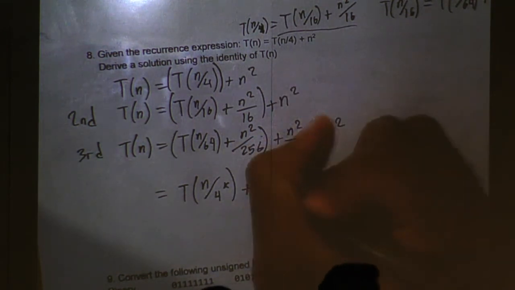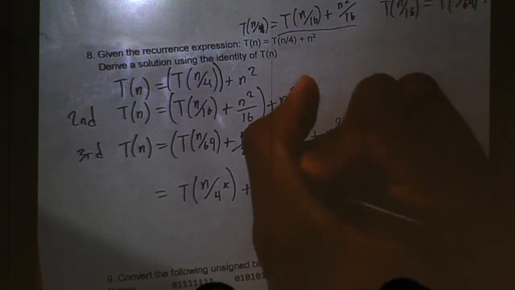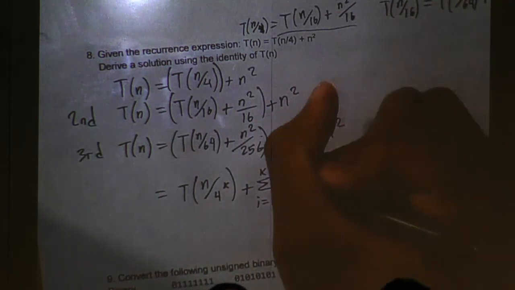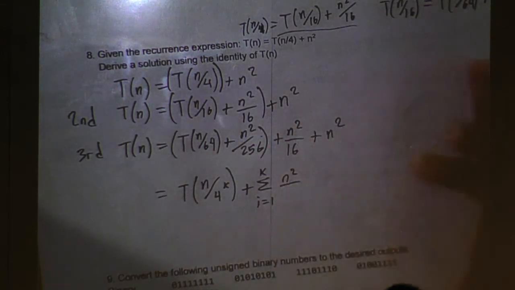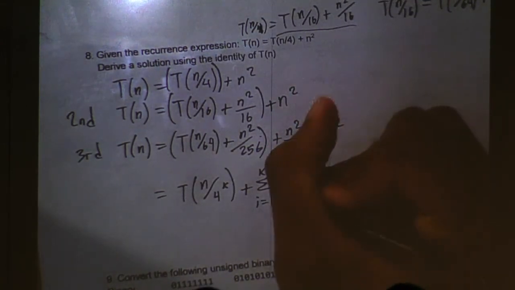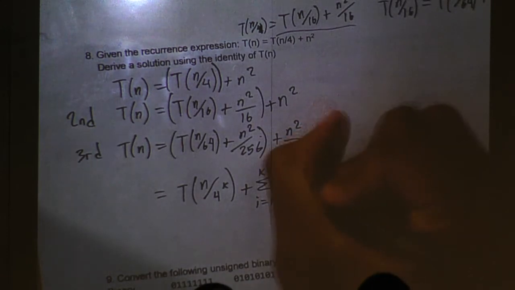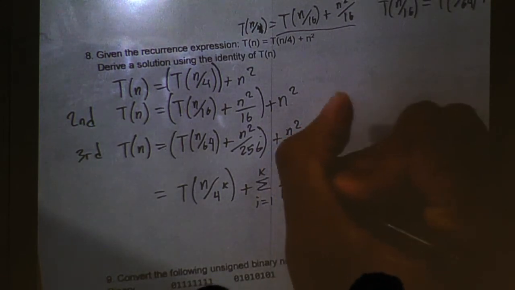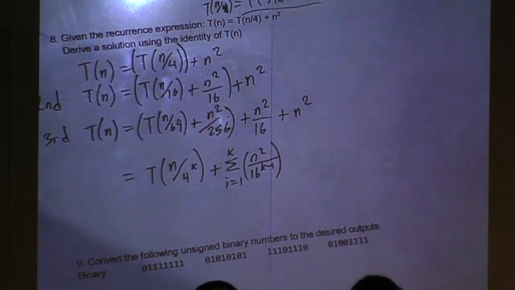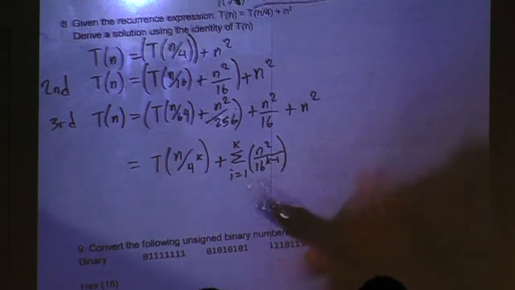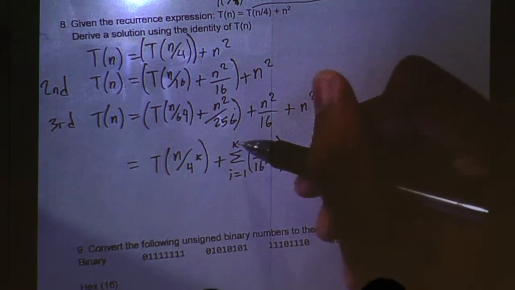Summation i equals 1 up until k, where it's going to be n squared over 16 to the k minus 1, if we have this here. So this summation pretty much counts from i up until k, which is your iteration.